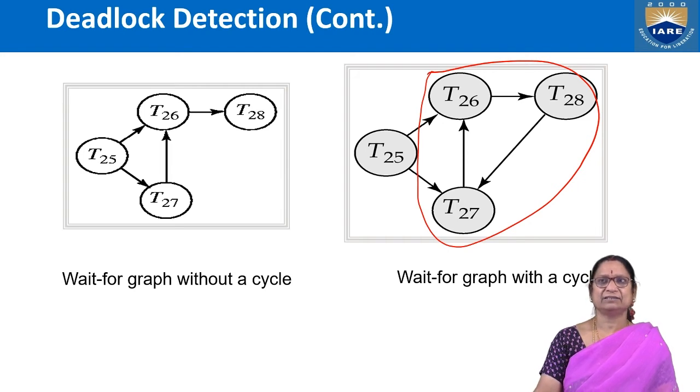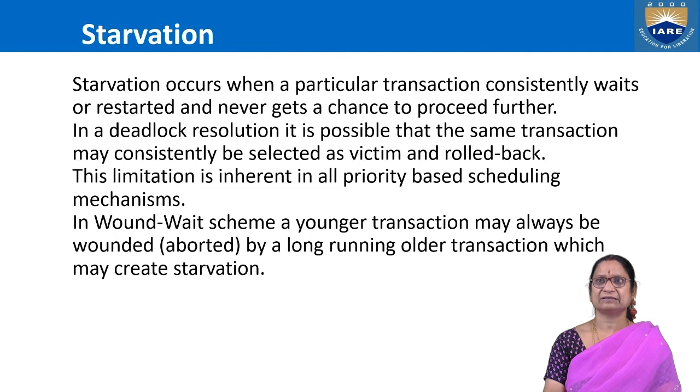So that's why there is a deadlock. T28 is waiting for T27, T27 is waiting for T26, and T26 in turn for T28. A cyclic process. So if a wait for graph consists of cycles, there is a deadlock situation.